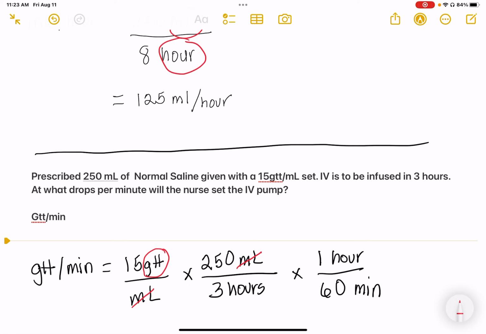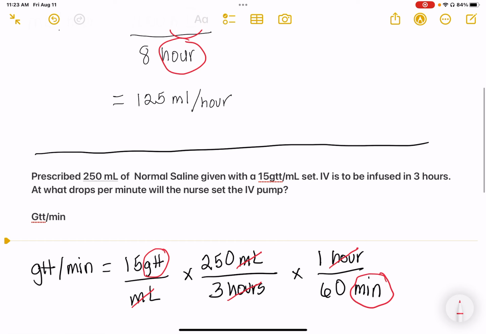We're looking for minutes, not hours. This is when you do that conversion, you do that multiplication times 1. So you write there 1 hour over 60 minutes. That's like multiplying your problem by 1. And with this, you can also get rid of your hours. And what we're looking for here is minutes.